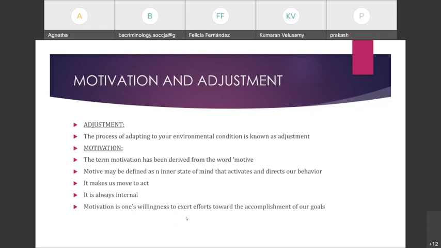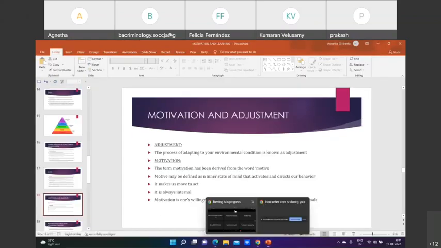We already know what motivation is. Can someone tell me what is adjustment? What do you mean by this word adjustment? Am I audible to y'all?